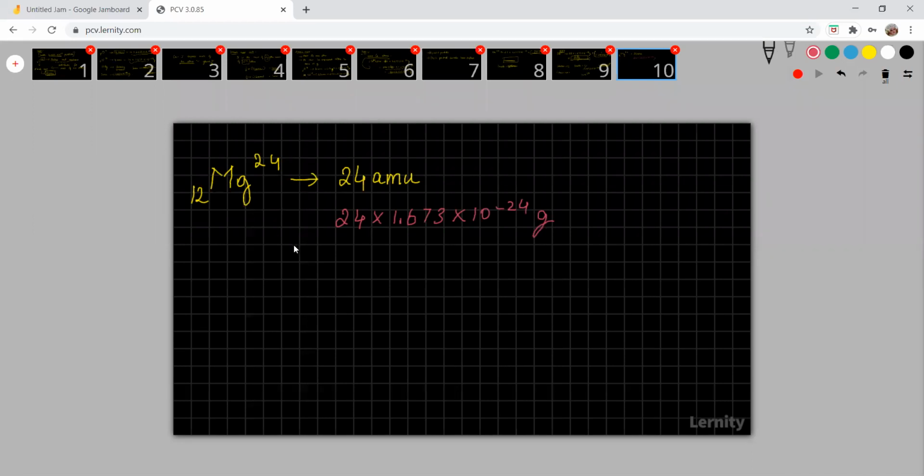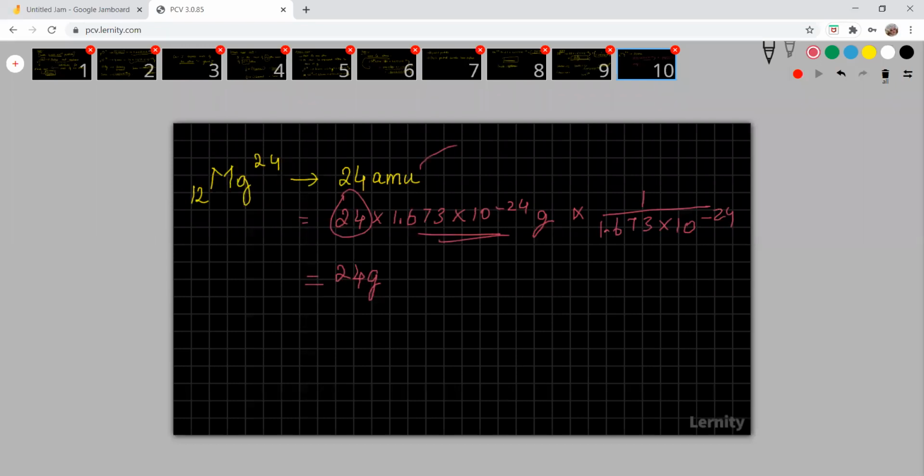Now I need to get the final answer as 24 grams. So I'm going to multiply this with 1 by 1.673 into 10 power minus 24, which is nothing but 6.023 into 10 power 23, and you will get the same 24 here.